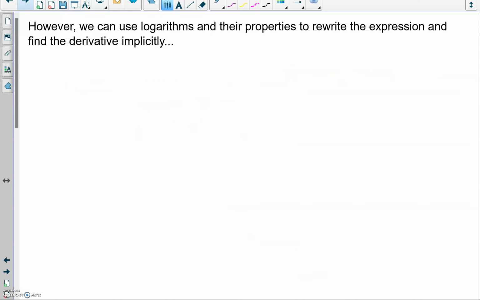However, we can use logarithms and their properties to rewrite the expression and find the derivative implicitly. So we're going to start out here and just use that example function. And this process will work really for any type of function that has this variable relationship, where you got a variable in the base and a variable in the exponent. This process will work every time.